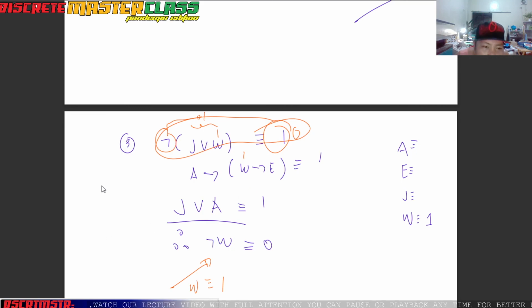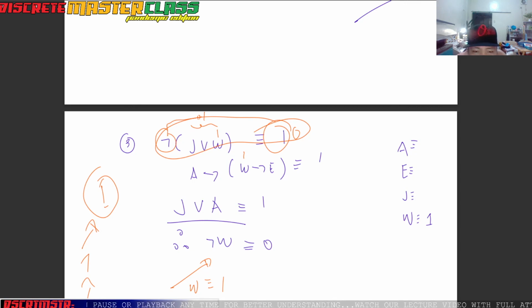Dahil siya ay palaging 1. At ang palaging 1 ay tautology at ang tautology ay valid. Valid. So, anong aral nun? Ang aral nun, kapag hindi pumayag yung argument sa assignment na 1 implies 0, automatic valid siya. At kung valid siya, mamili ka sa tatlo kung ano gagamitin mo.